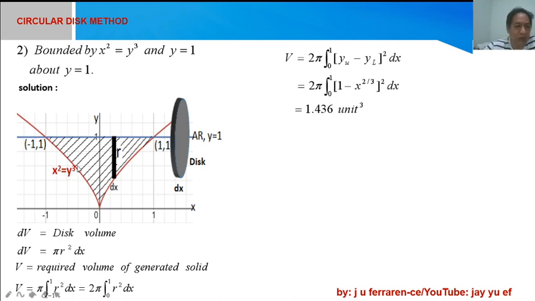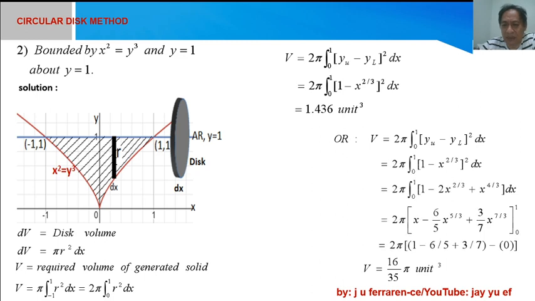So, if you solve for y here, we can take a cube root on both sides. Then, our x will be raised to the power 2/3. Correct? So, entirely, raise this to the power 2. And from your calculator, you will arrive at a value of 1.436 cubic units. Now, if you want an exact value, we can integrate by formula.